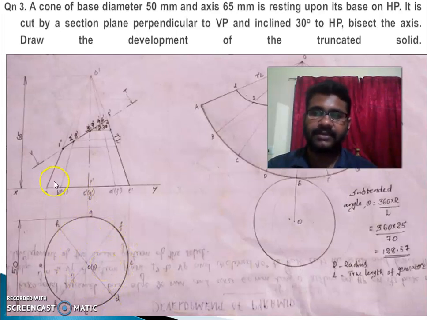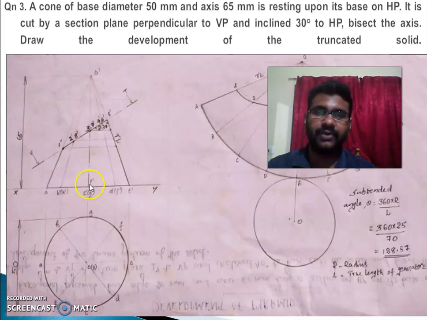Then you complete the front view. When you draw the front view, only the lines which come on the boundary are represented by dark lines. All other generators which come inside the boundary are represented by thin lines.